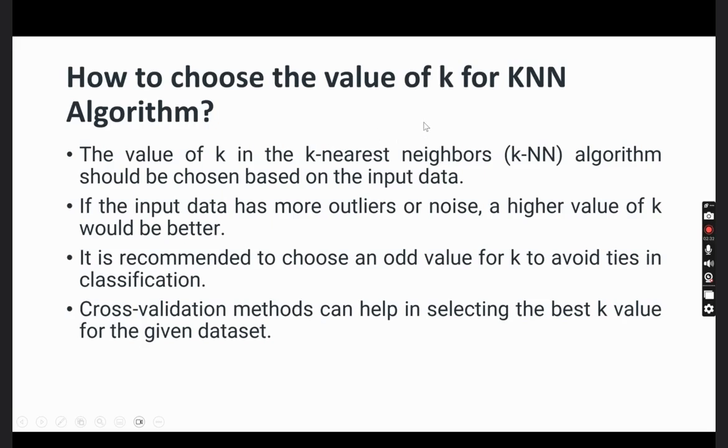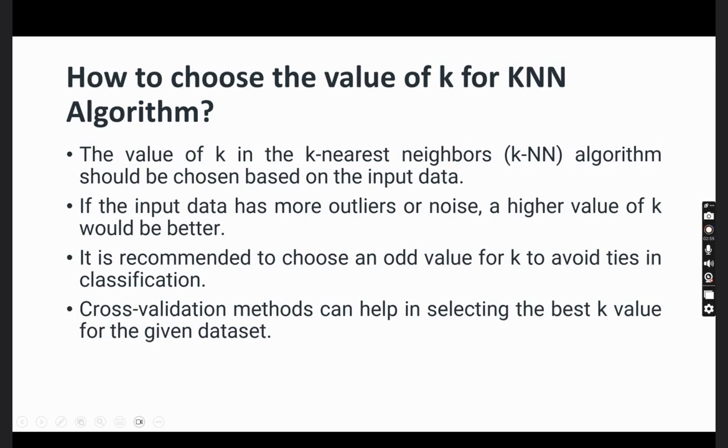For choosing the value of K for the KNN algorithm, the value of K should be chosen based on the input data. If the input data has more outliers or noise, a higher value of K would be better. It is always recommended to choose an odd value of K so that we can avoid ties while classifying the data point.